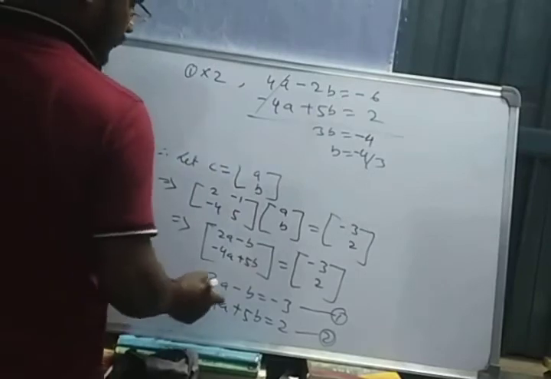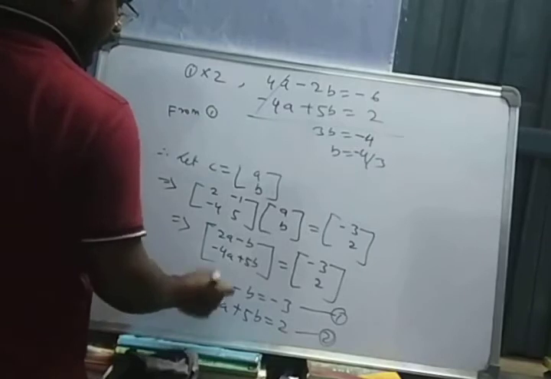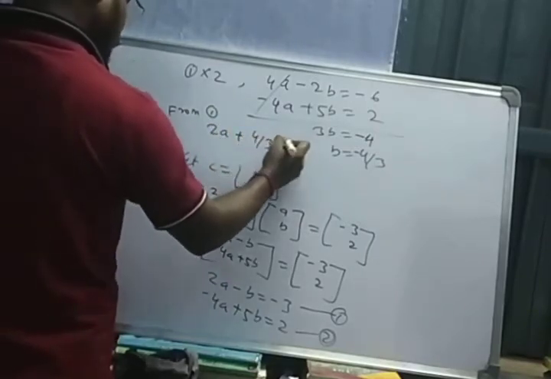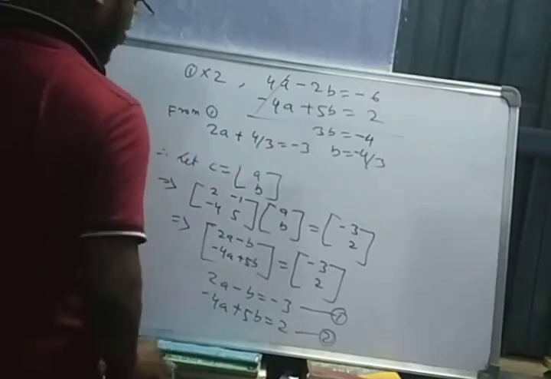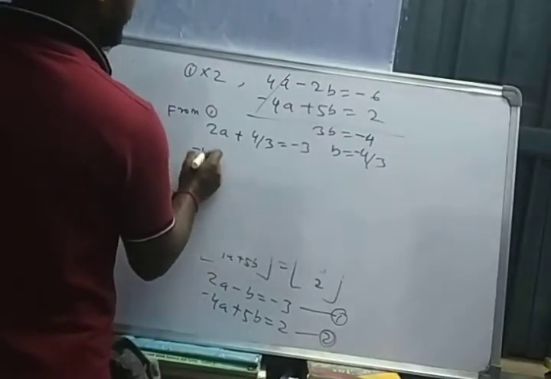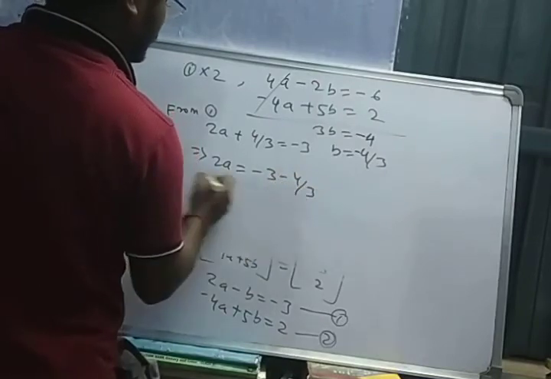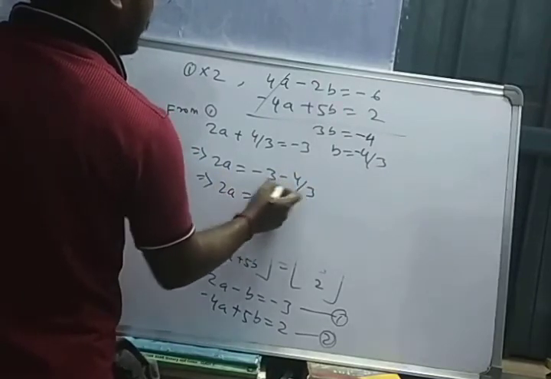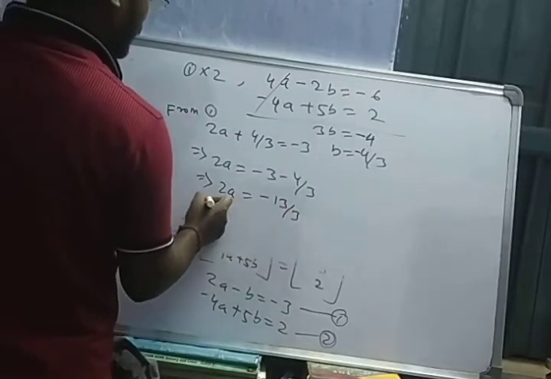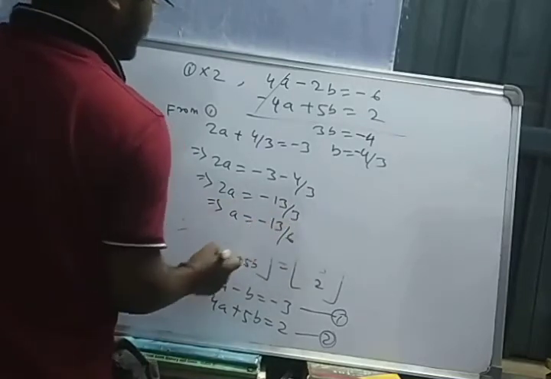From equation 1, put the value of b in 1. 2a minus 4/3 equals minus 3, or 2a equals minus 3 plus 4/3, or 2a equals minus 9 plus 4 over 3, minus 5/3, or a equals minus 5/6.